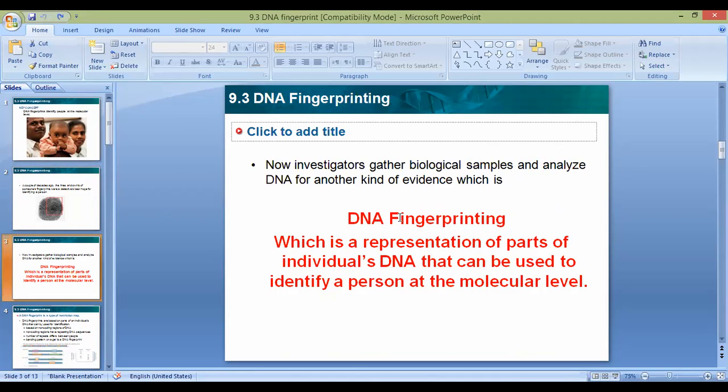DNA fingerprinting identifies people by parts of the individual's DNA. We are studying parts: I take DNA, do fragmentation, cutting with restriction enzyme, and do separation with electrophoresis. We present these DNA parts to identify the person at the molecular level.